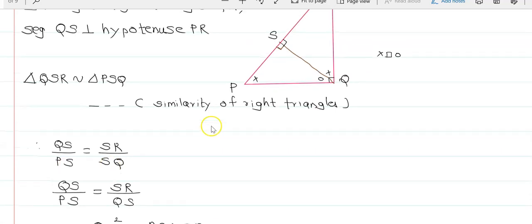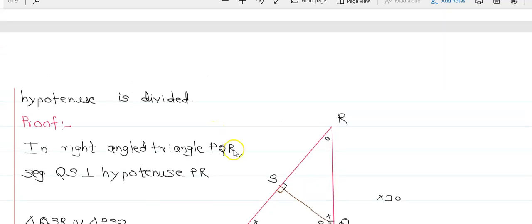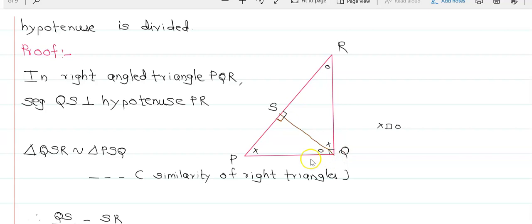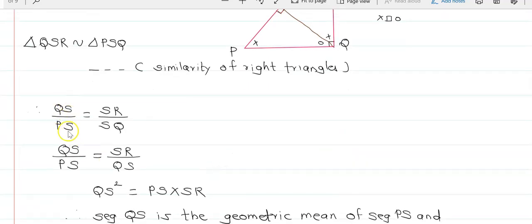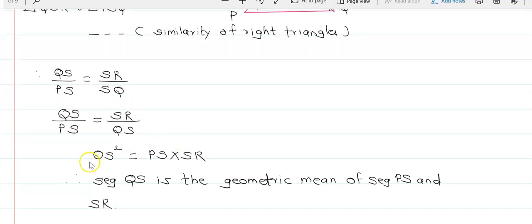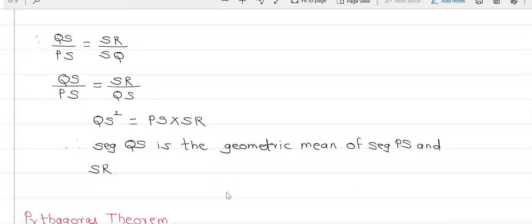What I want to prove is that QS square is equal to PS into SR. Therefore, QS upon PS is equal to SR upon SQ. Therefore, QS square is equal to PS into SR. And therefore, QS is the geometric mean of segments PS and SR.